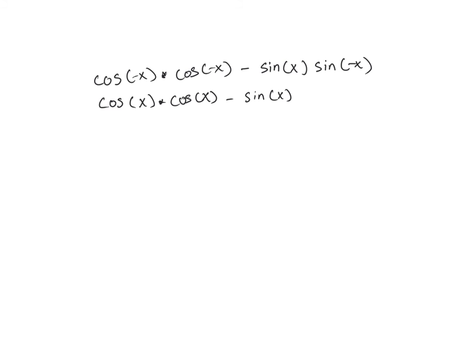So that will change my sign in the middle to a positive. If I combine them, then I get cosine squared of x plus sine squared of x. And I already know that cosine squared and sine squared of x, it's a Pythagorean identity, simplifies to just one.